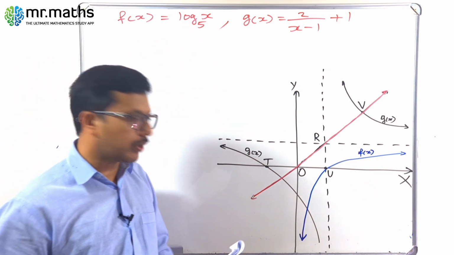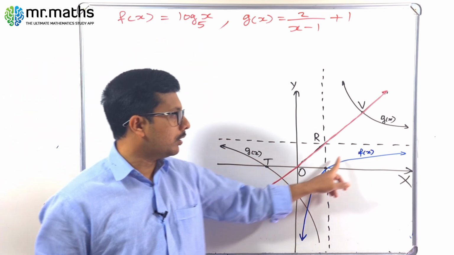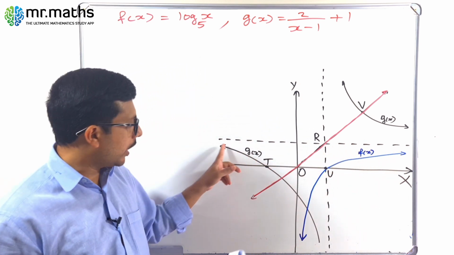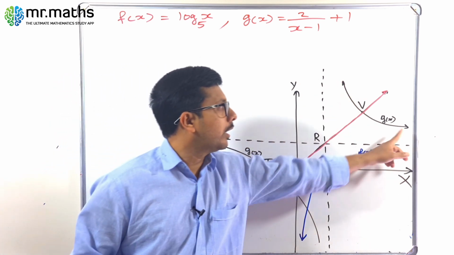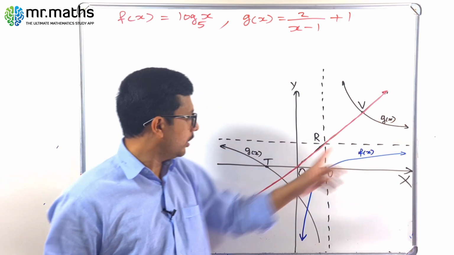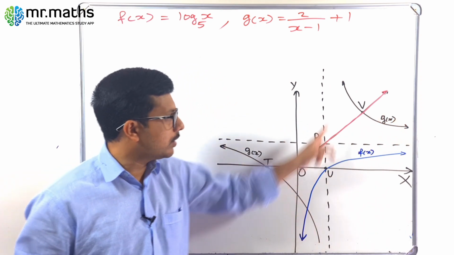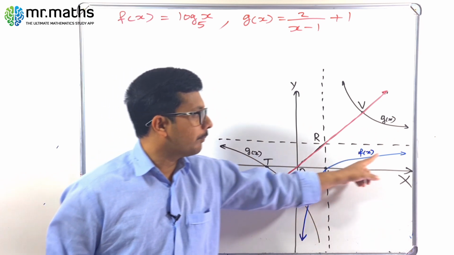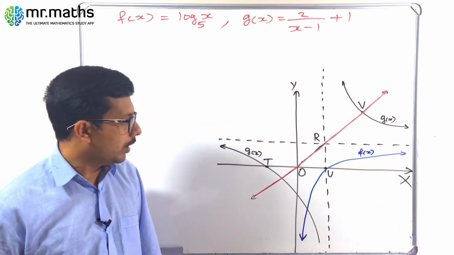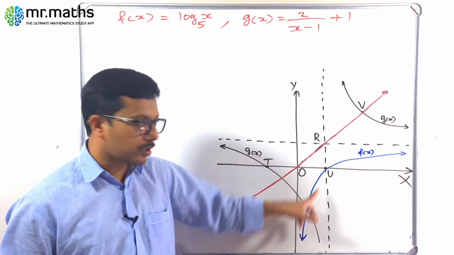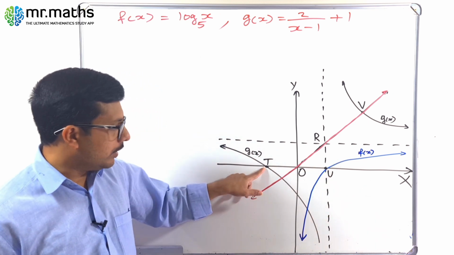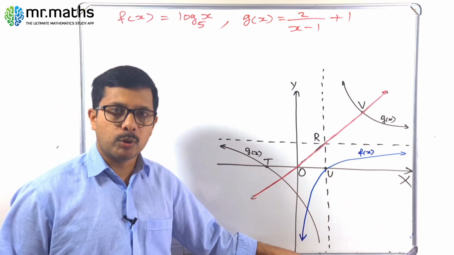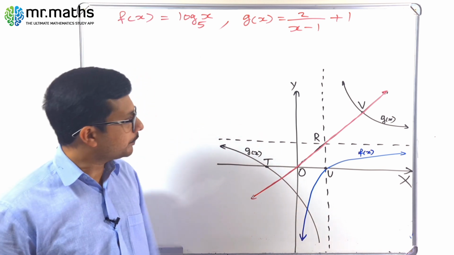So this blue one is the logarithmic graph, and this black one is g of x, the hyperbolic graph. U is the x-intercept of the logarithmic graph, and T is the x-intercept of the hyperbolic graph.